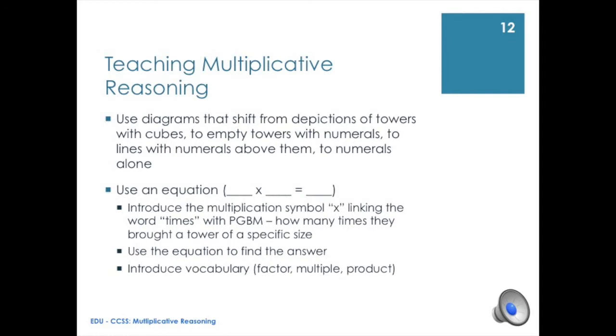This is also a great time to introduce academic language to the students. It's once they have a conceptual basis for needing the vocabulary, then talking about factors and multiples and products is a really good idea.